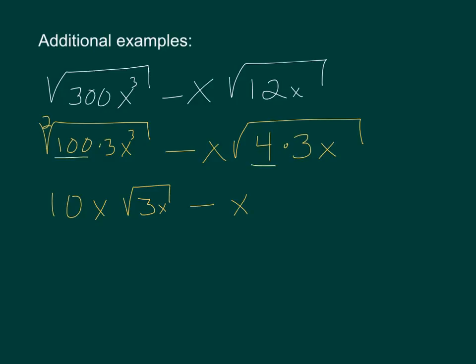Here I'm going to take the square root of 4, which is 2. There's the x that was in front, times the square root of 3x. And these are like terms. 10x radical 3x minus 2x radical 3x is 8x radical 3x.